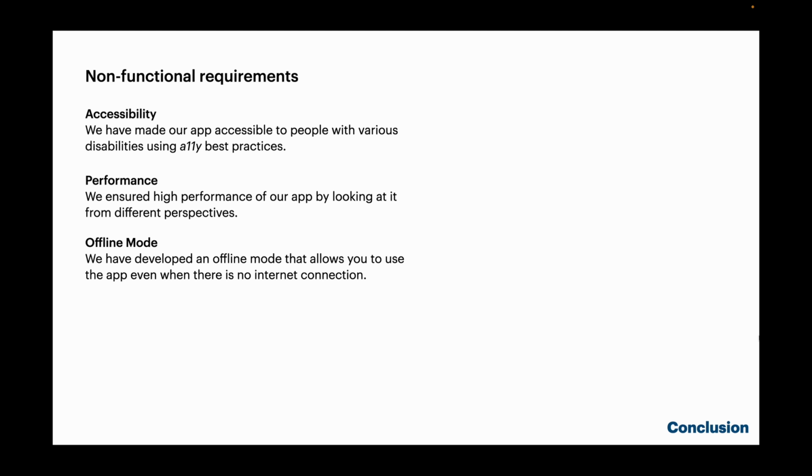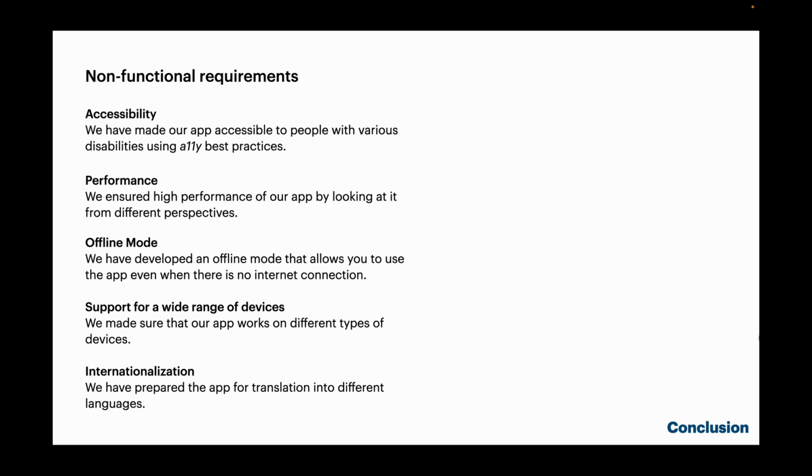Our development includes an offline mode, allowing users to use the app even without an internet connection. We have taken steps to ensure our application functions seamlessly on various types of devices. And internationalization. We have prepared the application for translation into different languages.